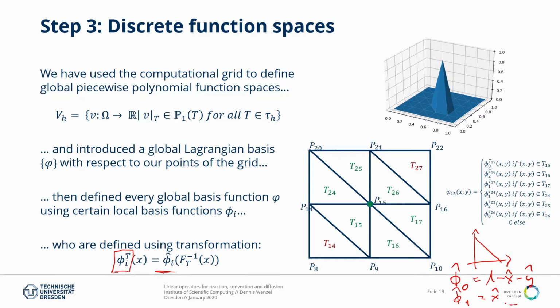And in a combination of those simple basis functions and this simple reference map that we just discussed, we were able to define a local Lagrangian basis on every cell of the grid, which is much easier than finding this local Lagrangian basis function using all those weird coordinates of the actual vertices in the grid.